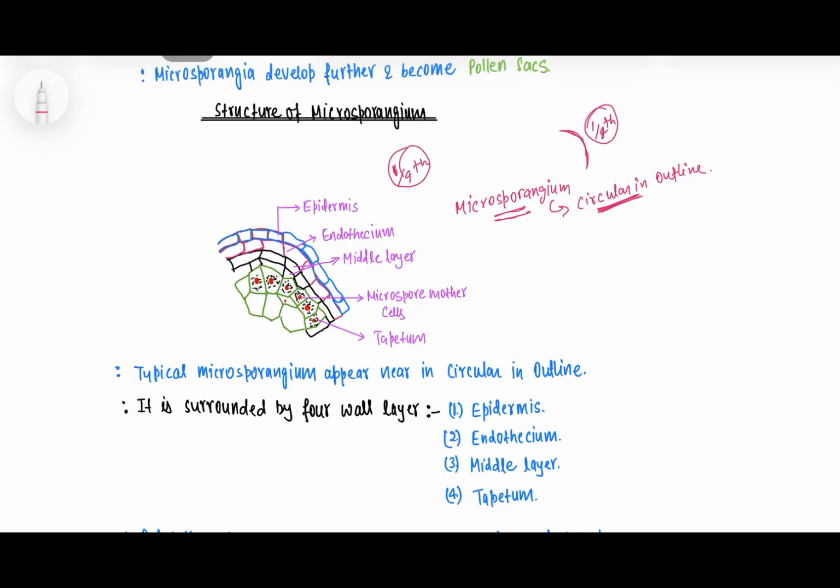The microsporangium has four wall layers: epidermis, endothecium, middle layer, and the last one is tapetum.